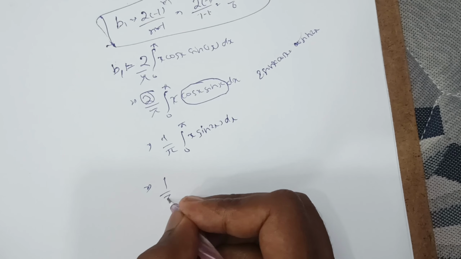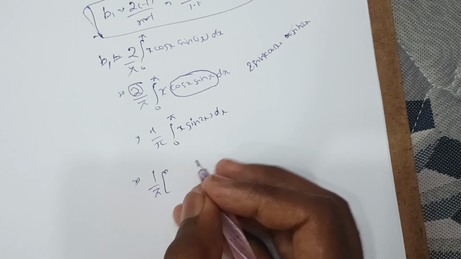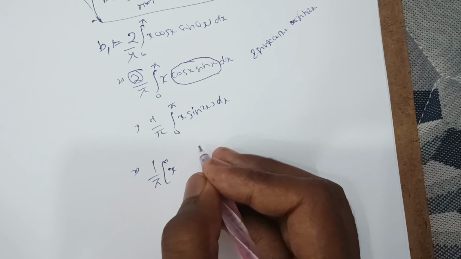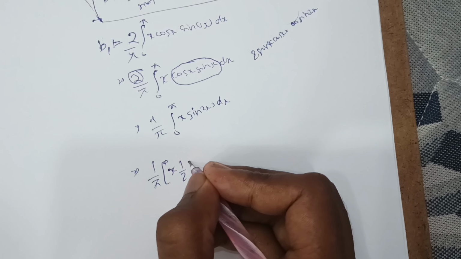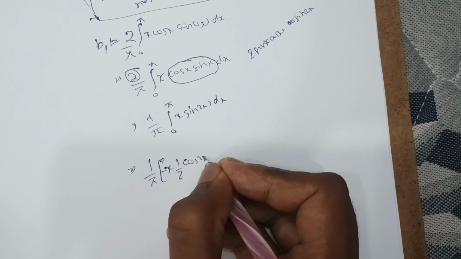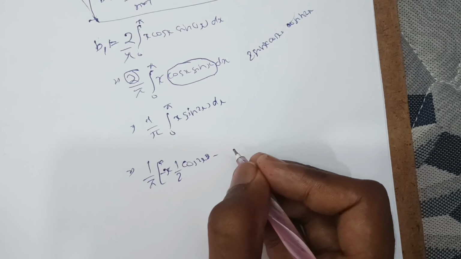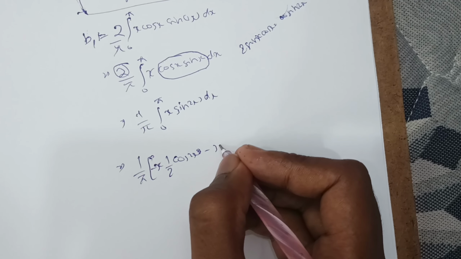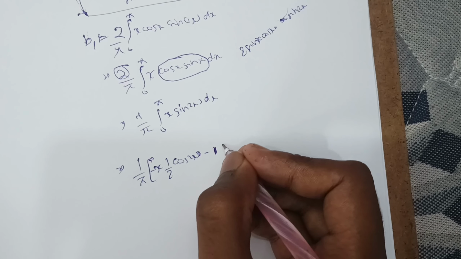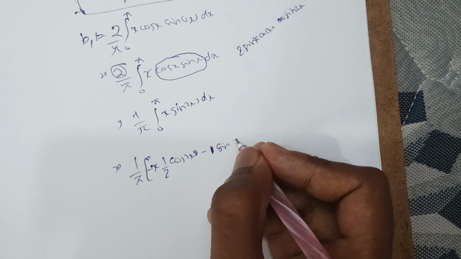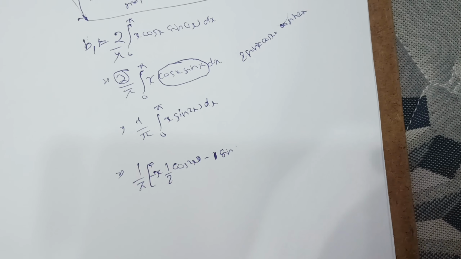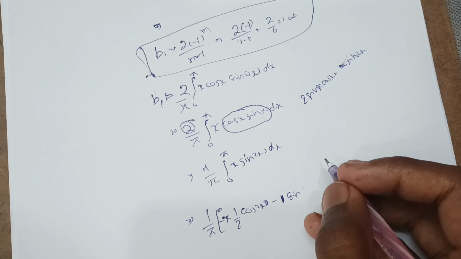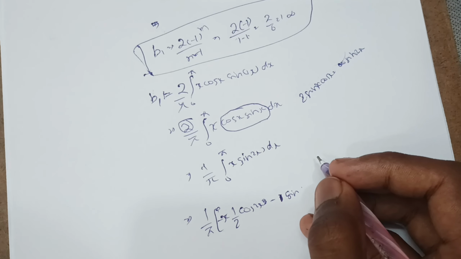So here 1 by pi into, in the interval 0 to pi, I am applying Bernoulli's integration by parts formula. X into 1 by 2 minus cos 2x minus, minus 1 by 2 sin. So here first thing will be positive and second thing will be negative in the Bernoulli's equation of integration by parts.